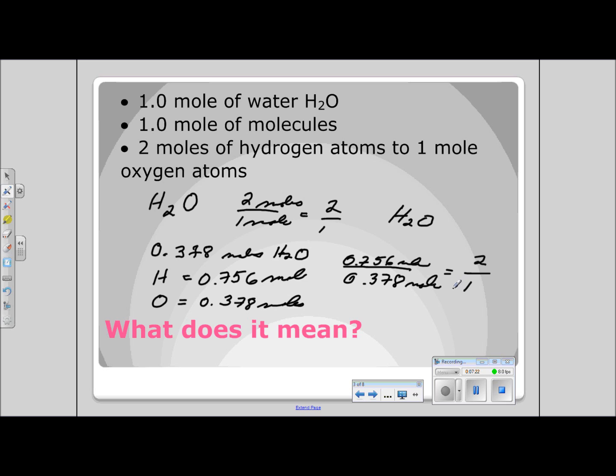So here's the point. If the compound is pure, then all you have to do to determine the atom ratio is to find the moles of each element in the compound. Then take the ratio of the moles.